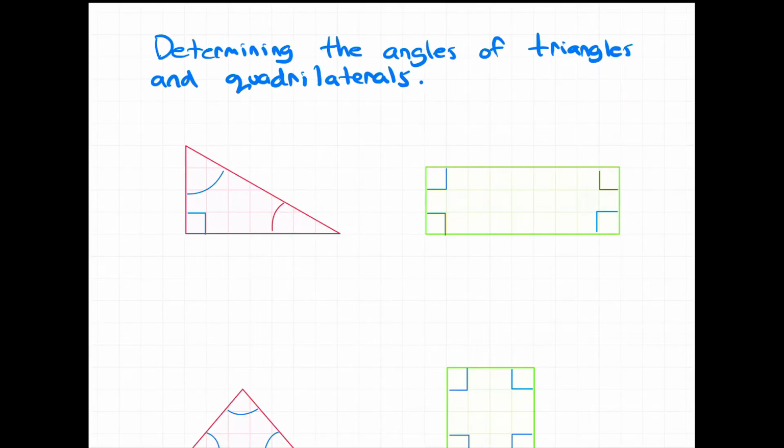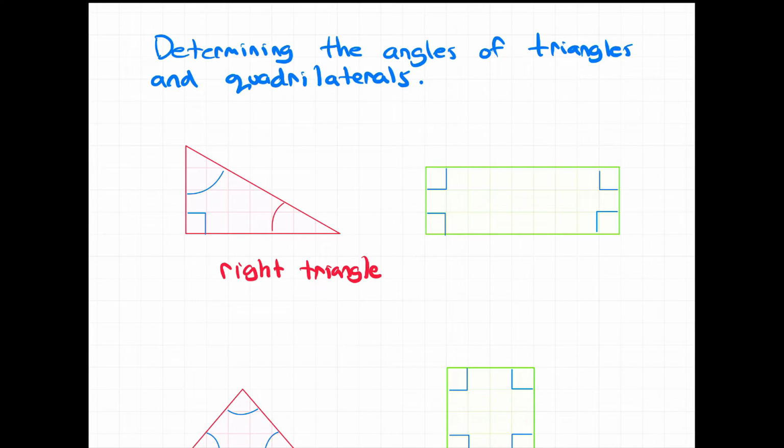Okay, so we've learned a little bit about different geometric shapes, and we've learned a little bit about angles, and now let's put it all together and take a look at these triangles and quadrilaterals and try to figure out the different angles that are presented to us. So the first triangle that we have on the top left is called a right triangle, and you'll need to become familiar with these terms as we move through this course.